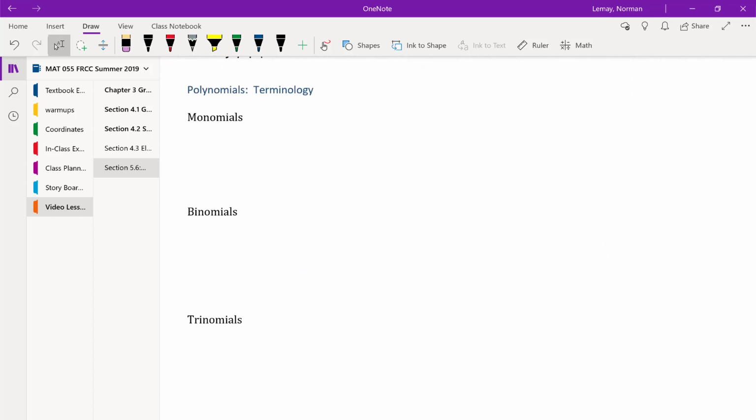Okay, let's take a look at some polynomial terminology. Monomials, we're going to hear this word again. A monomial is just a single term. This could be something as simple as x, or x squared, or 3x cubed, or negative 2x to the fourth, or 7ab, or 8a squared b cubed.